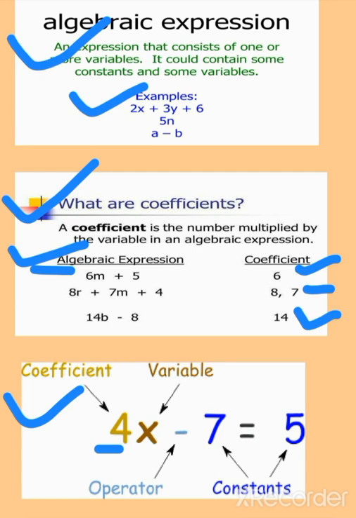X is the variable because we don't know the value of x. Value of x can vary, that's why it is our variable. 7 and 5 are constants because their values are fixed. 7 is 7 and 5 is 5. It's not going to vary. That means these are constants. And here minus is the operation.